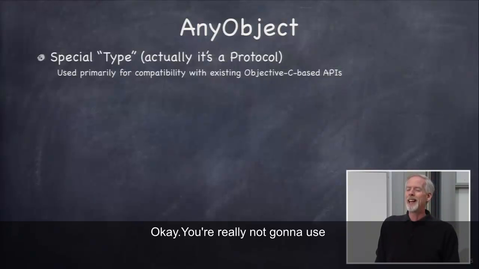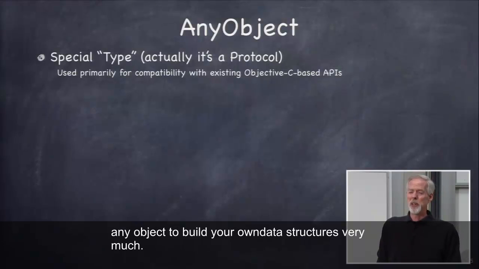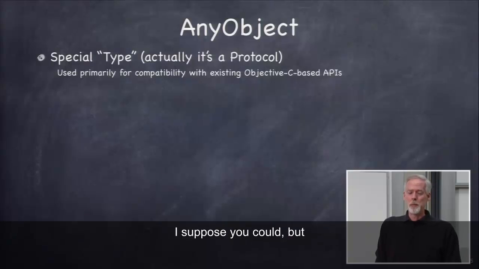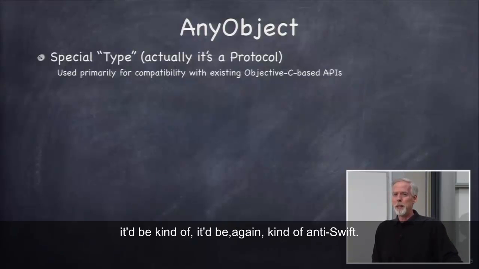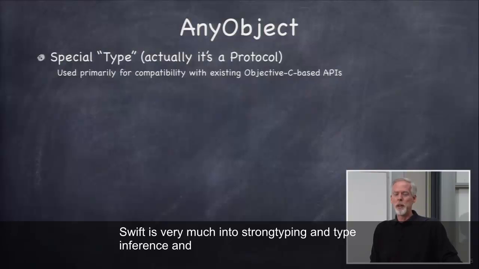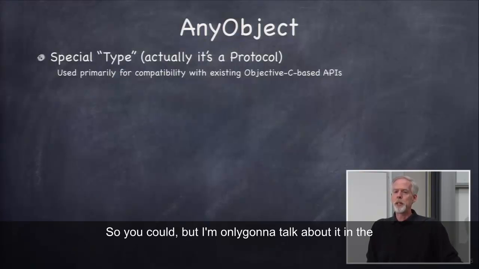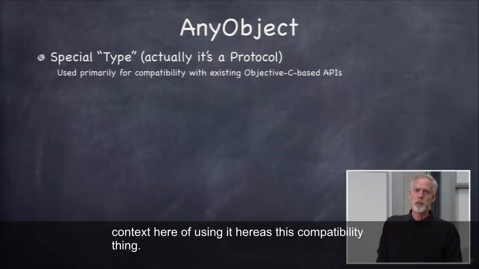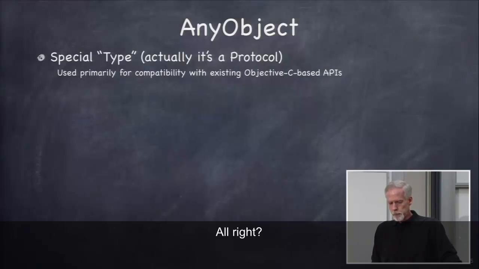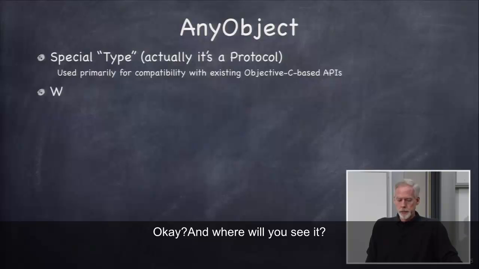Okay, you're really not going to use AnyObject to build your own data structures very much. I suppose you could, but it'd kind of be, again, kind of anti-Swift. Swift is very much into strong typing and type inference and all that. So you could, but I'm only going to talk about it in the context here of using it as this compatibility thing.